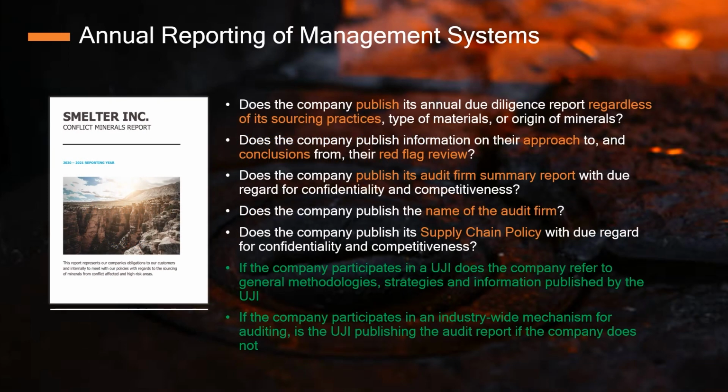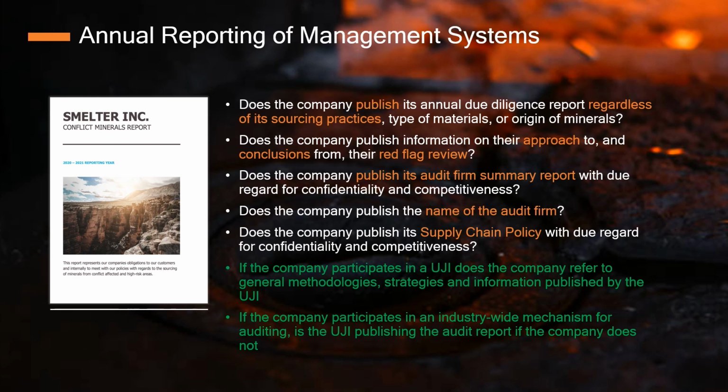In addition to the smelter publicly disclosing in their smelter due diligence Step 5 report about the management systems, it should also disclose whether an aligned UJI, Universal Joint Initiative, is used or not, and if the audit reports of that are publicly available or not.